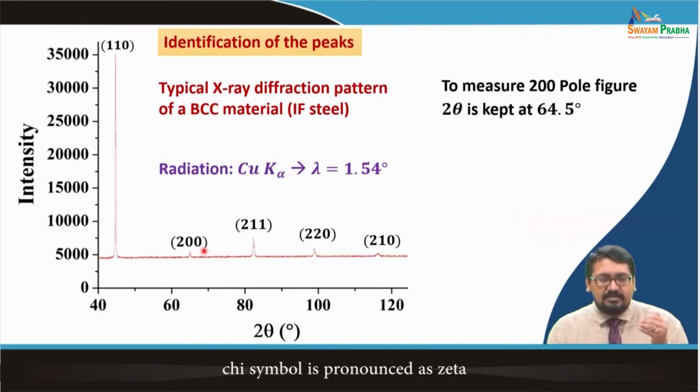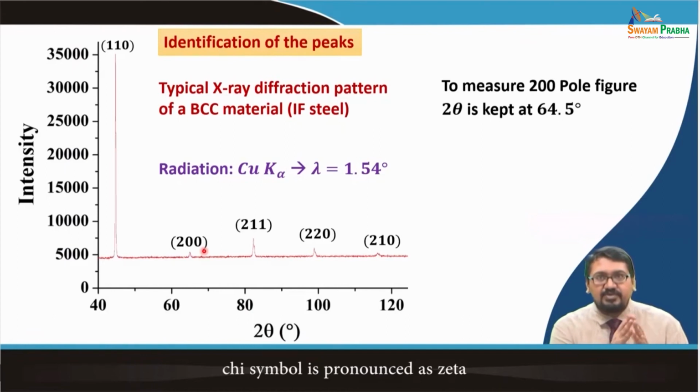Before we start doing a texture measurement from the X-rays, we need to know the values of theta for the HKL planes for which we are doing the texture analysis.